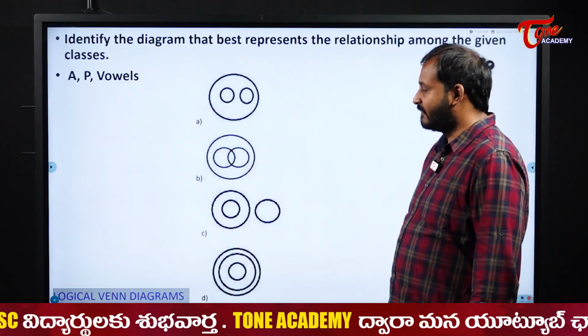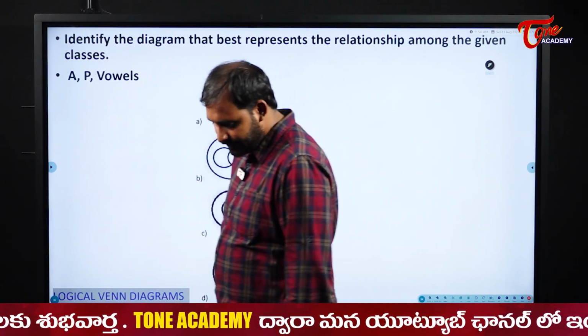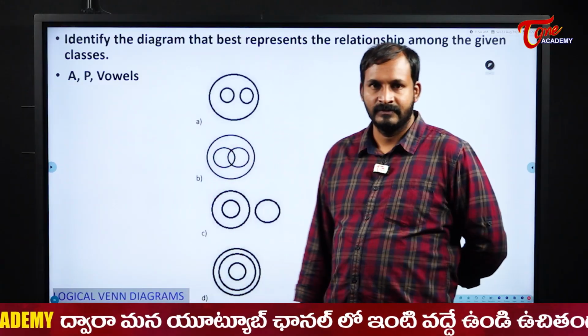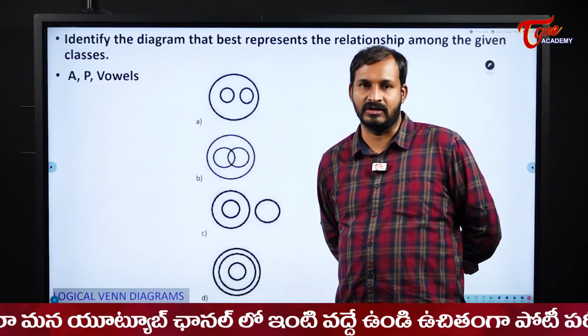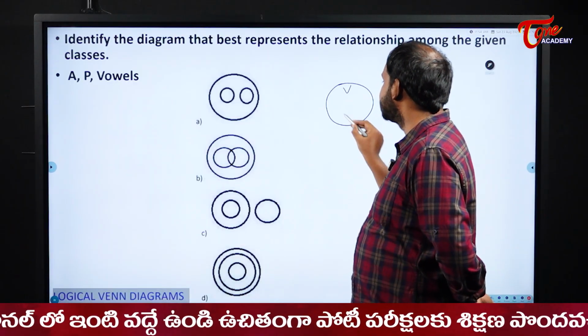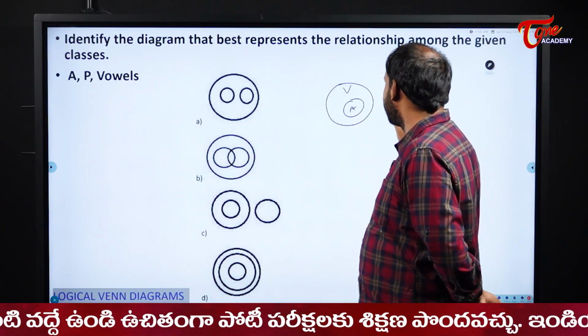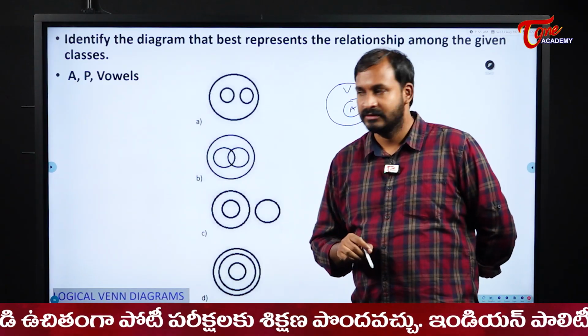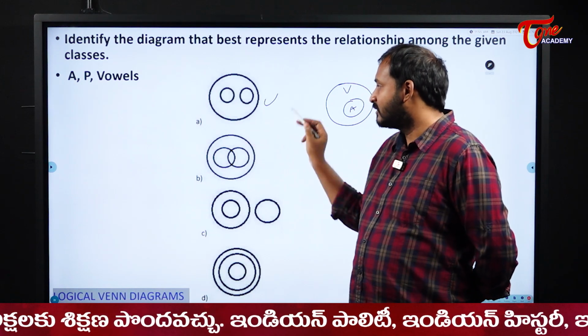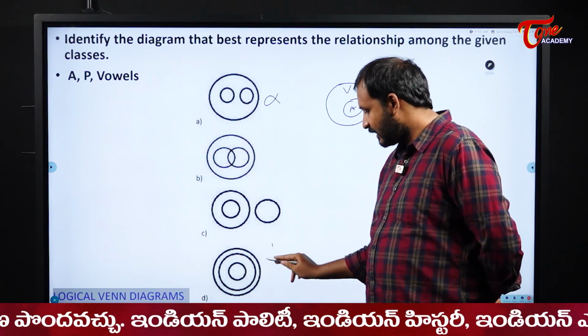A, P and vowels. We all know A is a vowel and P is a consonant. So what can I draw? Vowels, and inside that A and P separately, right? This is the only possibility for me. Please check here. Do A and P belong to vowels? No. Are they concentric circles?